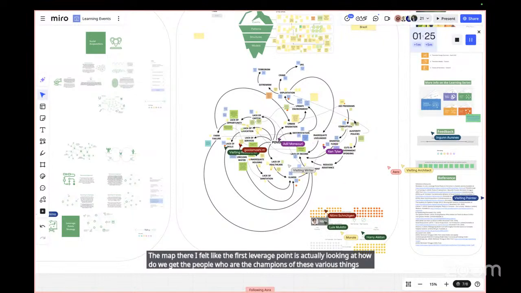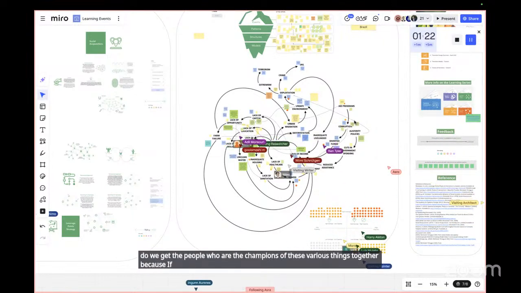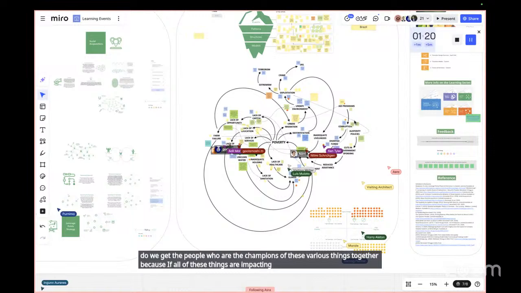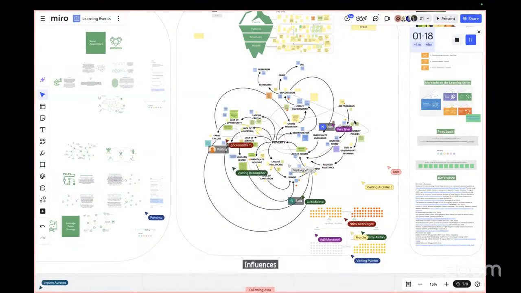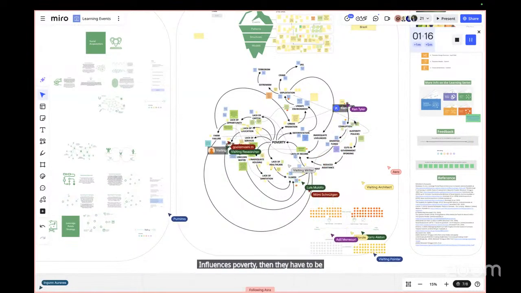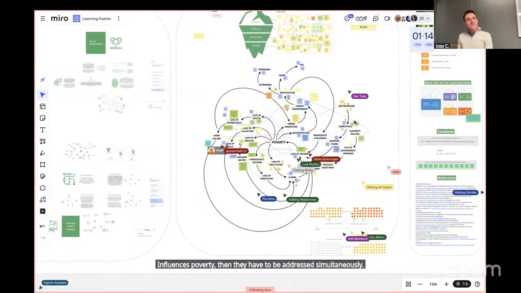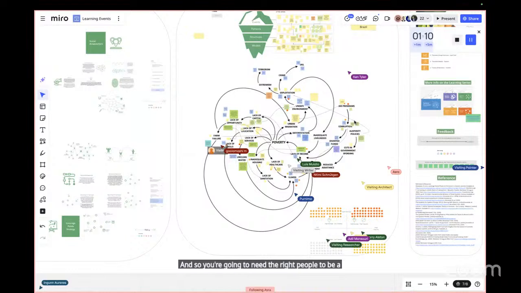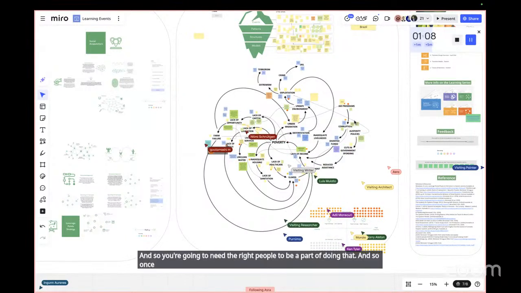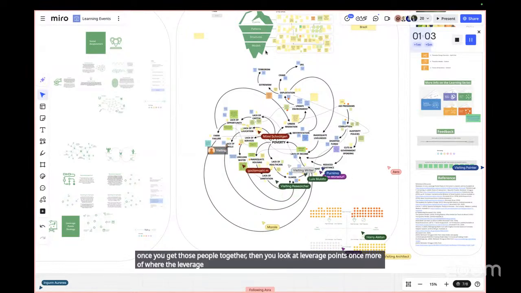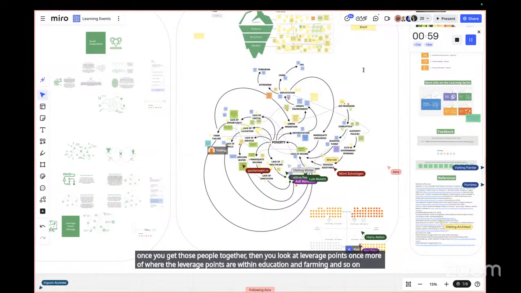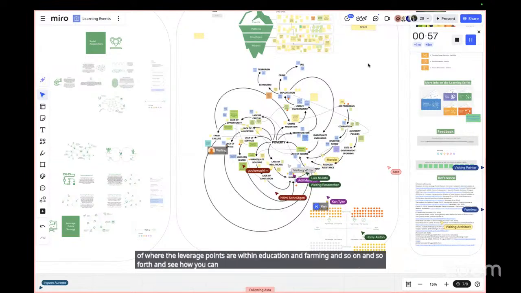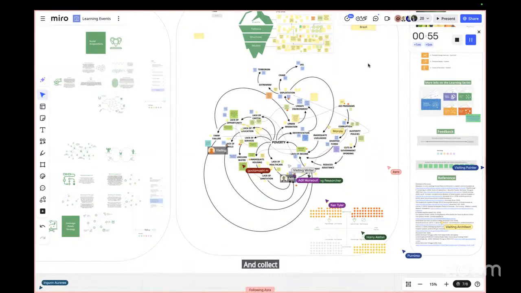Because if all of these things are impacting or influencing poverty, then they have to be addressed simultaneously. And so you're going to need the right people to be a part of doing that. And so once you get those people together, then you look at leverage points once more, of where the leverage points are within education and farming and so on and so forth, and see how you can use what they have collectively to address those things.